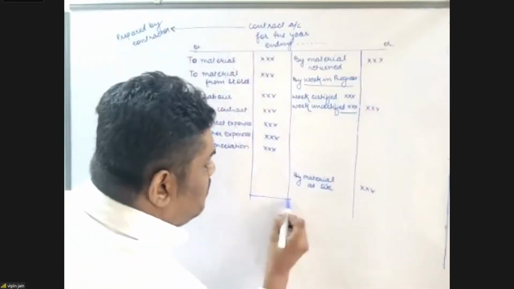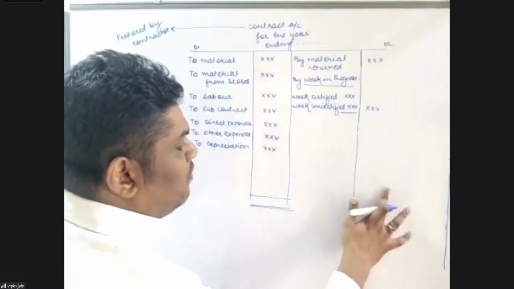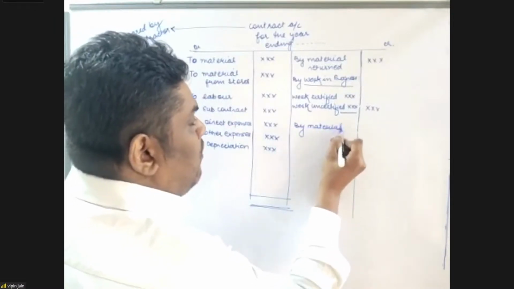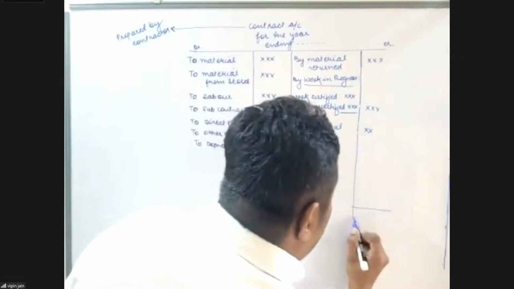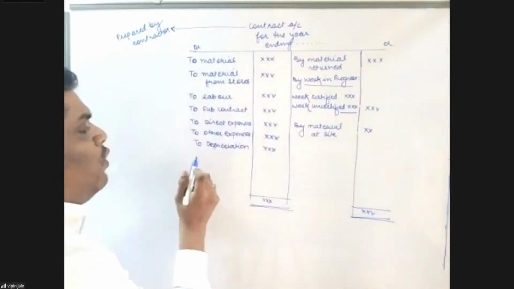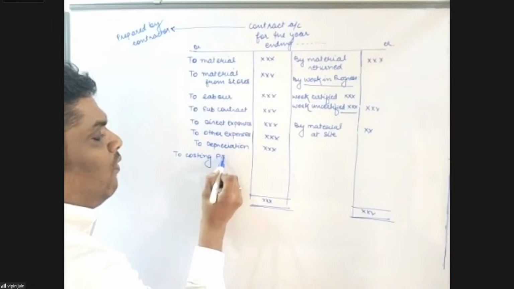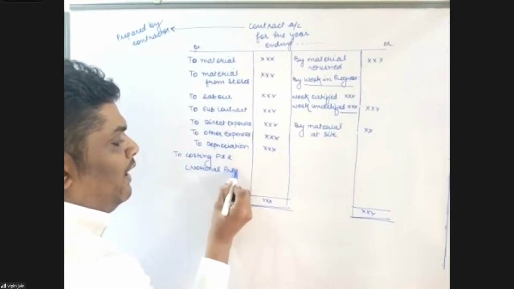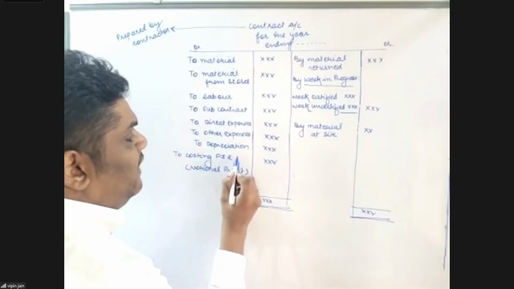Now, the balancing figure will be transferred to costing P&L account. It is not the final profit, but the notional profit, and it is to be transferred to costing P&L account.